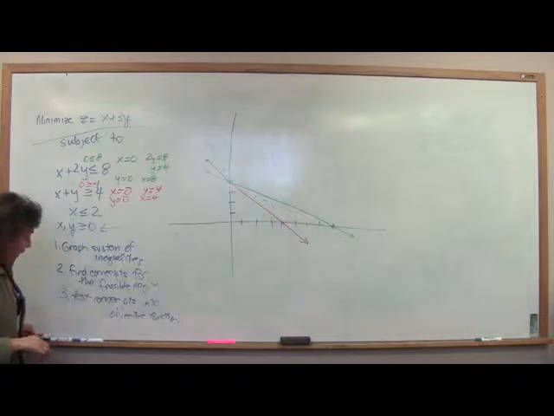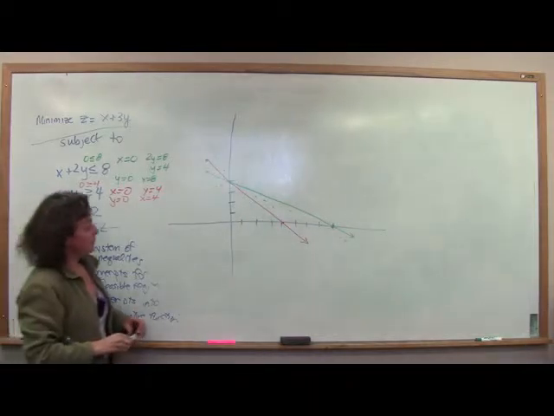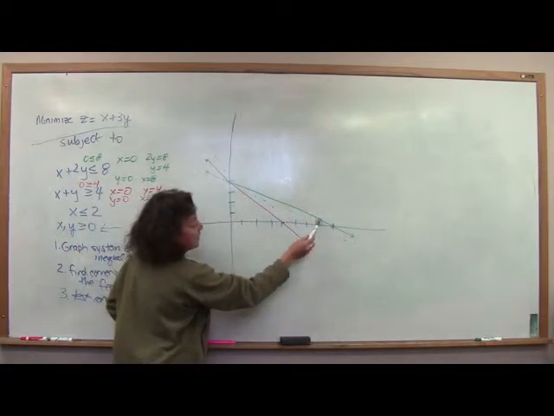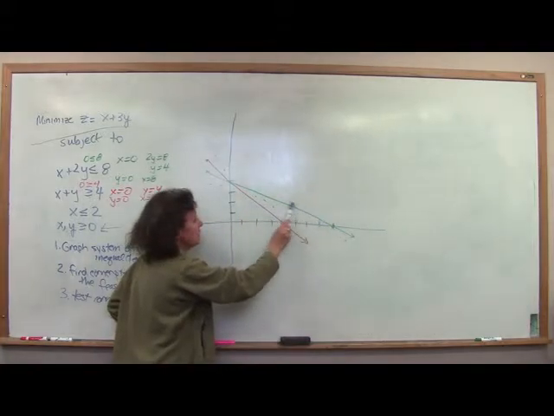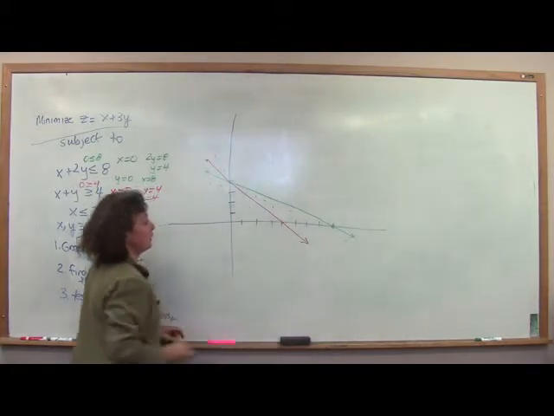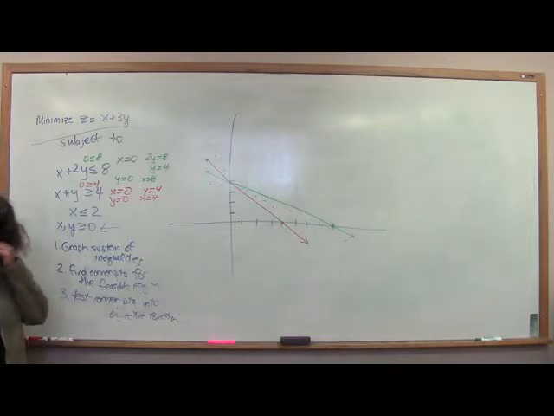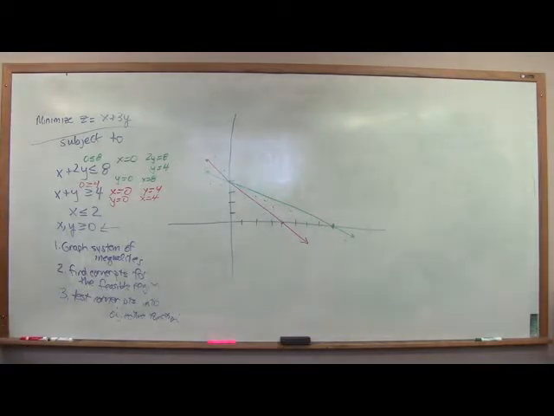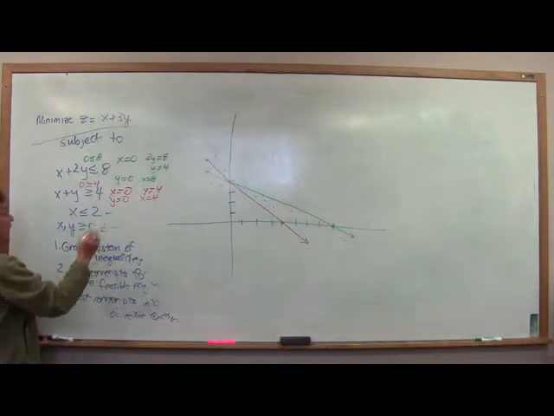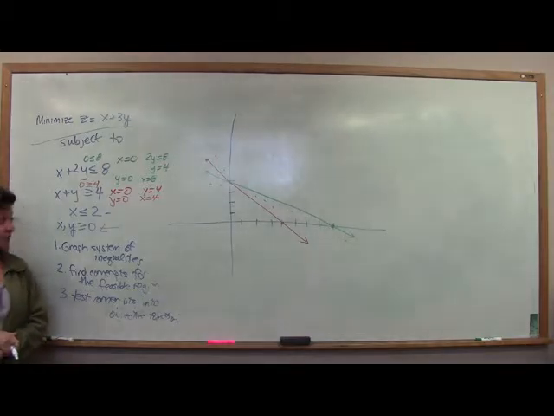So I claim at this point my feasible region, in other words, the region that satisfies both of these, is right in here in my triangle. But I got another line here. I have x is less than or equal to 2.